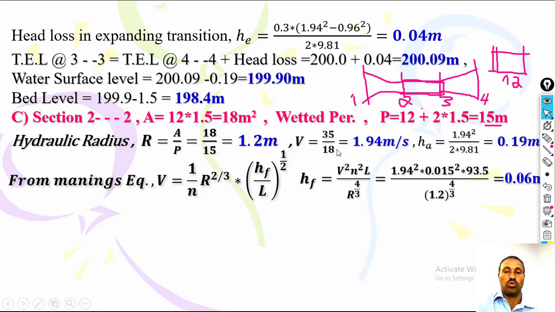If you rearrange this, HF will be v square n square L over R to the four-thirds, and you get this formula for HF. So finally we have the friction loss between this and this, because we are using the length of the channel, which is 93.5 from here, the length of the flume section already given.